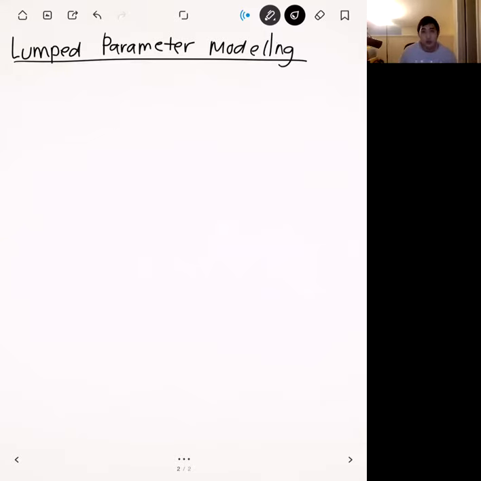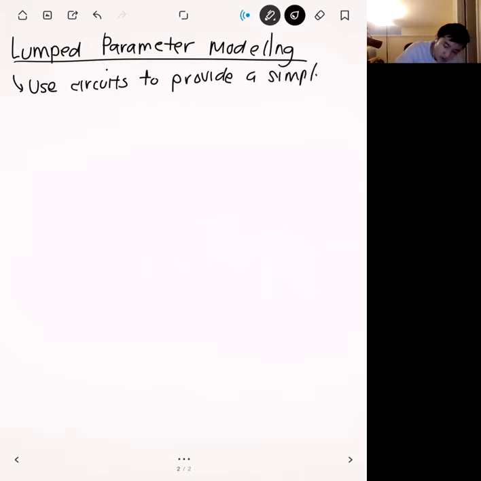The whole idea with lumped parameter modeling is to use circuits to provide a simple model, or simple representation, of blood flow. I say simple, but everything's relative.